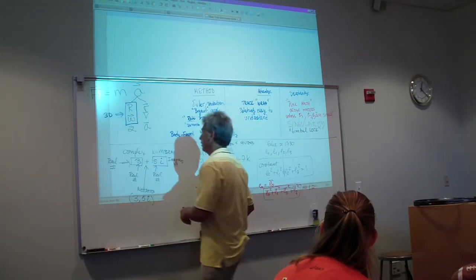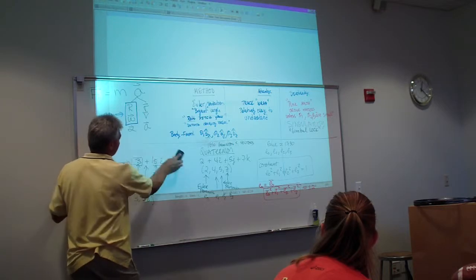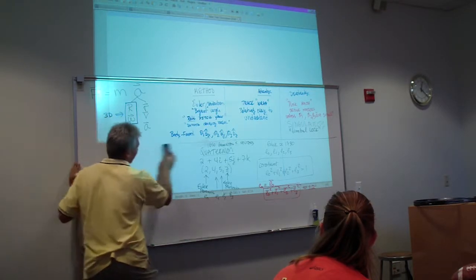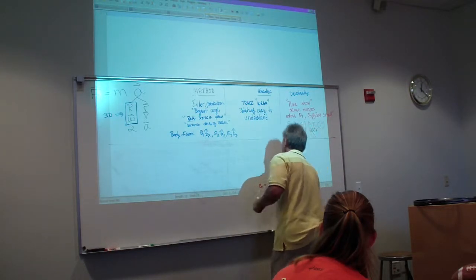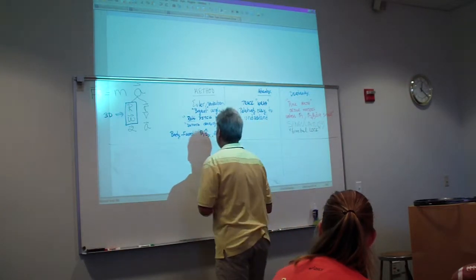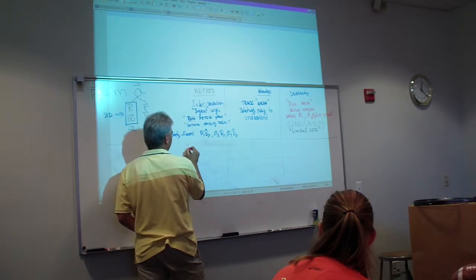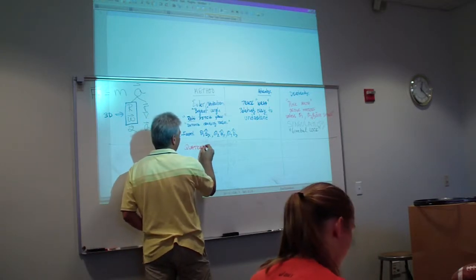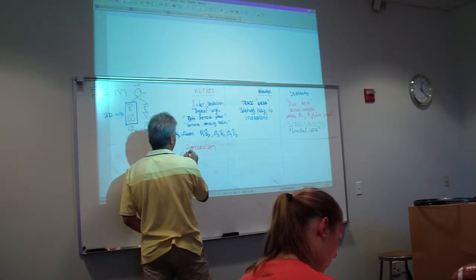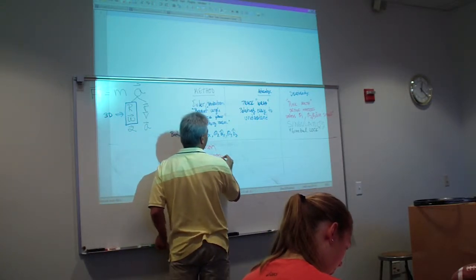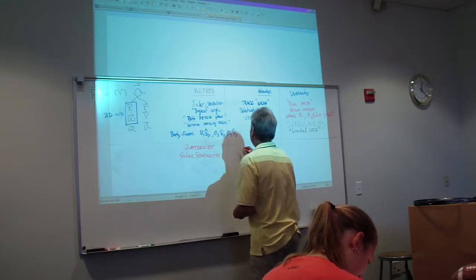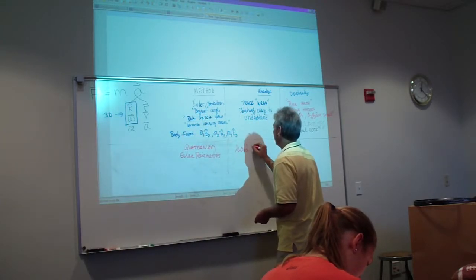All right, so that's what we're going to do. So as a second methodology for doing 3D, we're going to do quaternions, otherwise known as Euler parameters. The advantage really is literally avoid singularity.